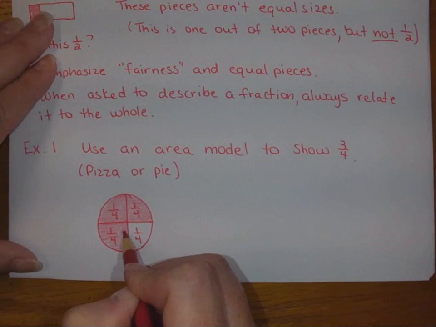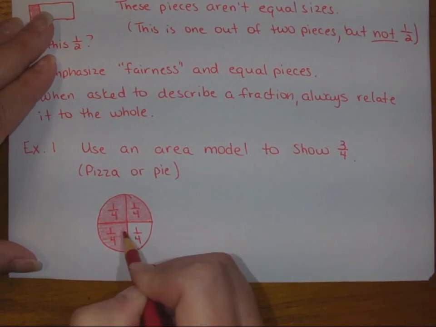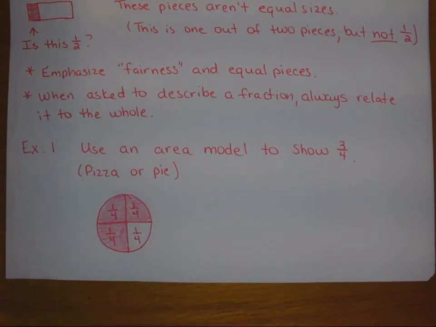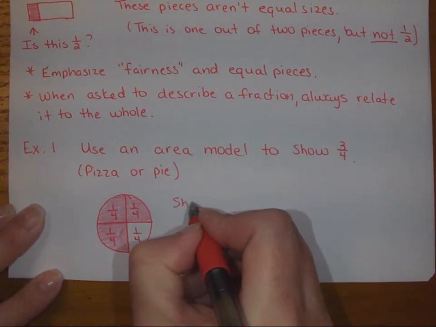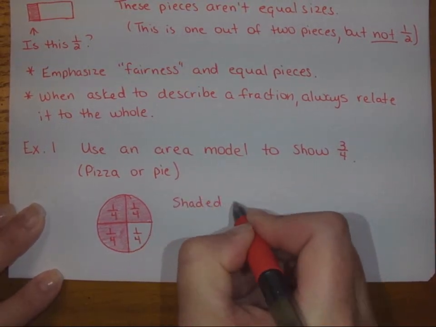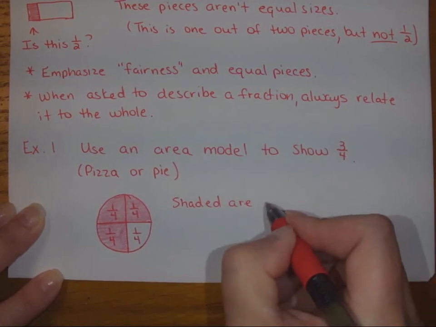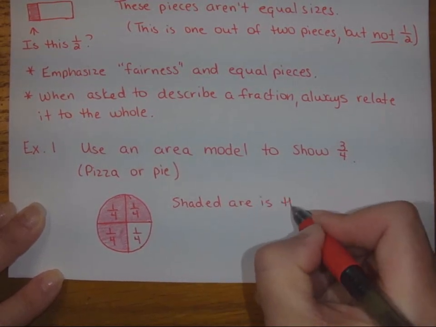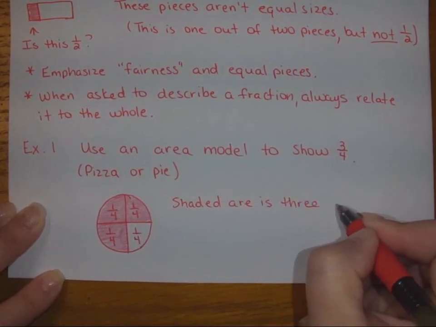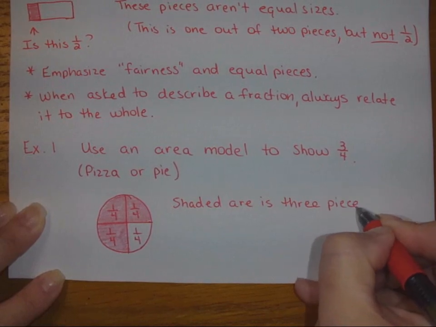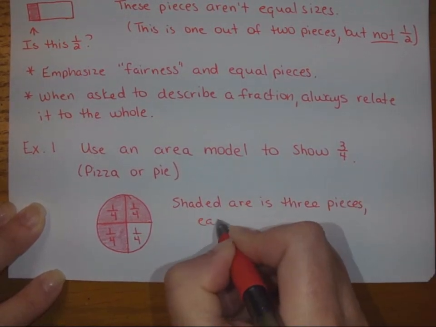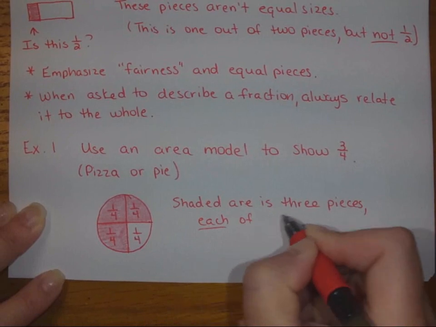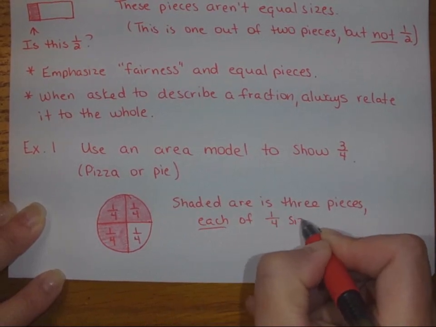So notice we probably already knew that 3/4 was bigger than a half, but this is a visual representation that clearly we are at greater than a half of that pizza or the pie. And so a lot of times we're going to use shaded areas. So the shaded area is 3 pieces, and each of those pieces is of 1/4 size.